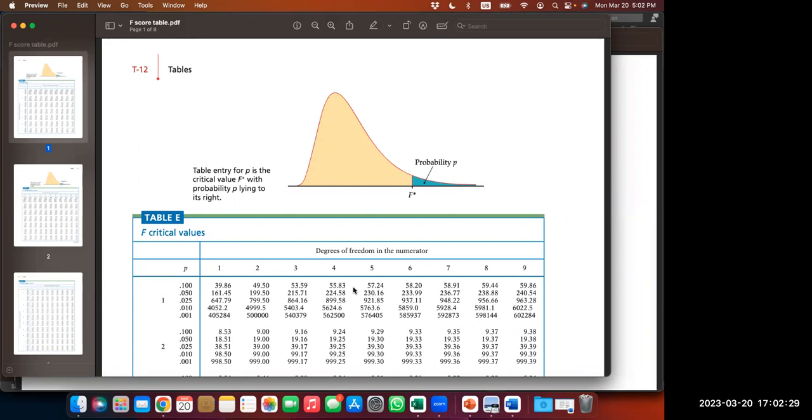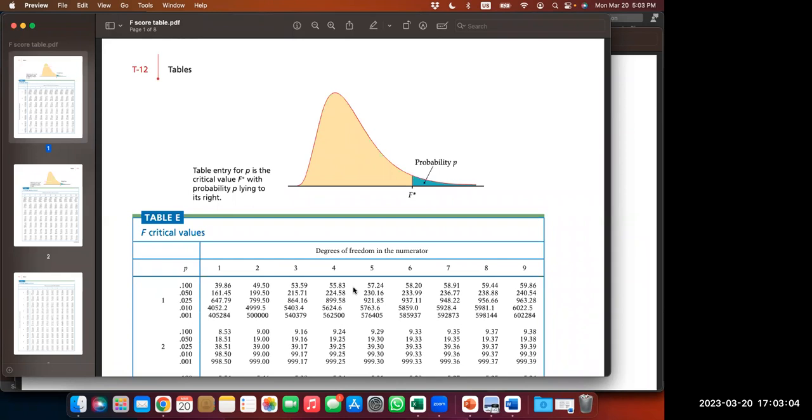And if your test statistic exceeds that cutoff value, which you remember with the Z was 1.96 for 5% probability on both sides, and with the T it was the same, corresponding to the degrees of freedom. Again, now you have a cutoff value for an F, and you're basically quantifying your residual risk of having a type 1 error beyond that cutoff value. So we're calculating that F statistic today.